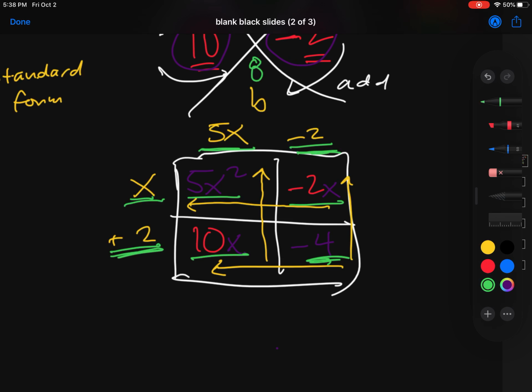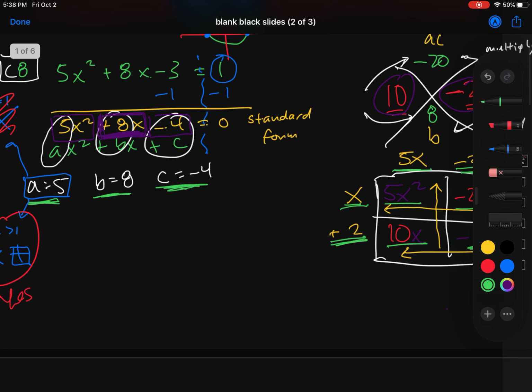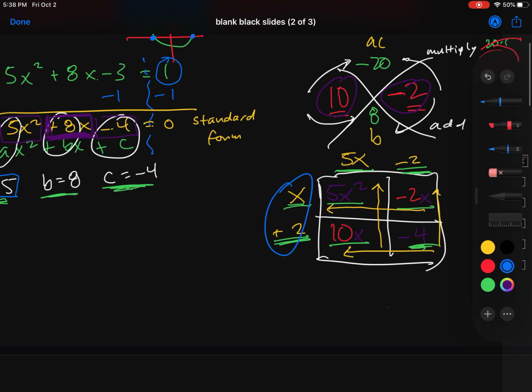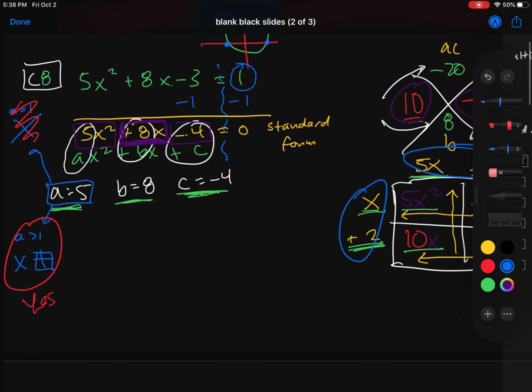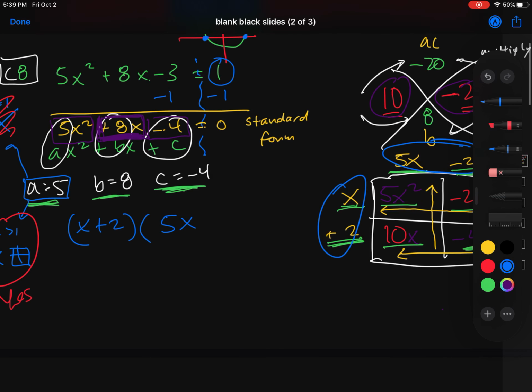And to check your answer, the opposite of that is multiplying. So go from the outside of the box to the inside, you just multiply and then add. Okay, where are we? I need this one and this one. So I have x plus 2 and 5x minus 2.